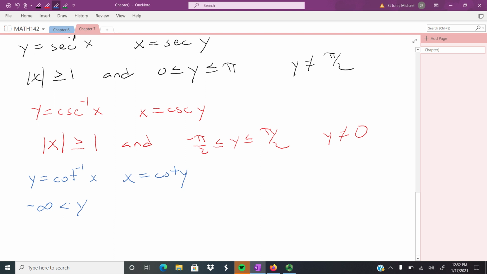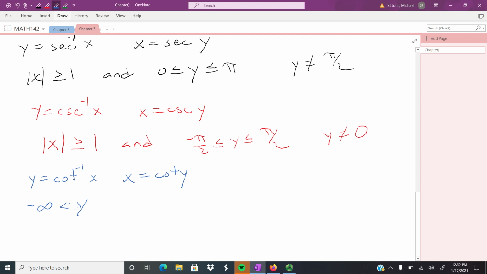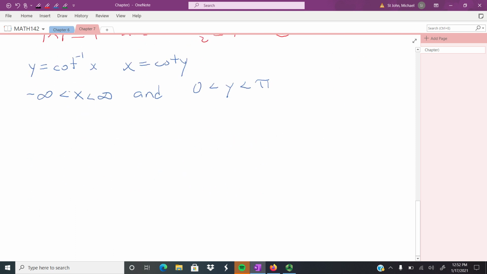Should be my x. Make that an x. Okay. Try this again. x from negative infinity to infinity. And here, the y value is between 0 and pi. So we have the inverses of all our trig functions.